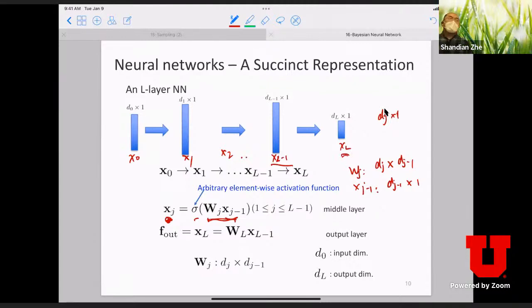As we just mentioned, according to the neural network tradition, all the output neurons are just a linear combination of the outputs in the second last layer. So that means xL is WL times xL minus 1. You don't need to put the nonlinear activation function in front of it anymore.